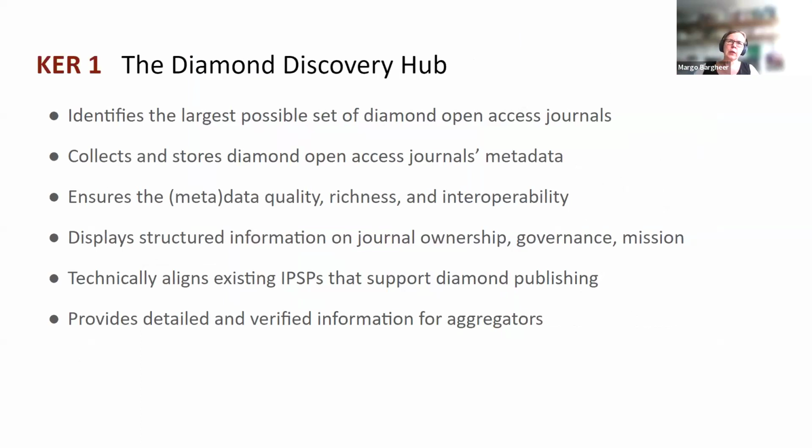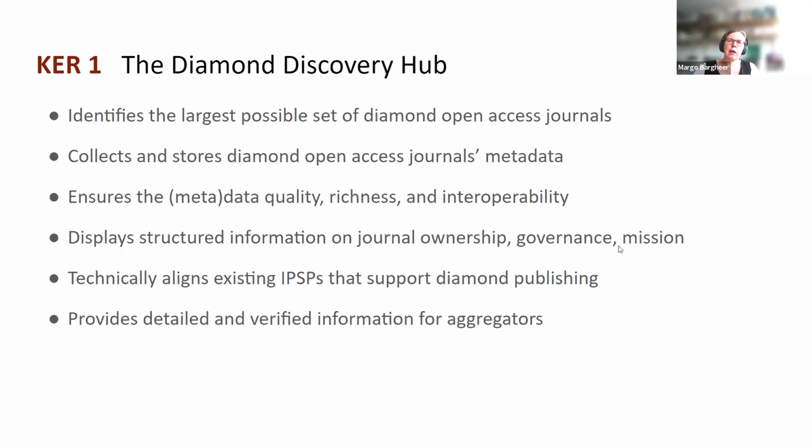And what we aim for with the Diamond Discovery Hub is that we want to identify the largest possible set of what identifies as Diamond Open Access journals, and we collect and store and also make visible and harvestable the metadata of these journals, and to ensure that these metadata are as rich, as interoperable, and as complete as possible, because the aim is also to hand over these metadata to other data aggregations, and, for instance, to ease the uptake of journals in the Directory of Open Access Journals, to ease the uptake in the European Open Science Cloud and other data aggregations.